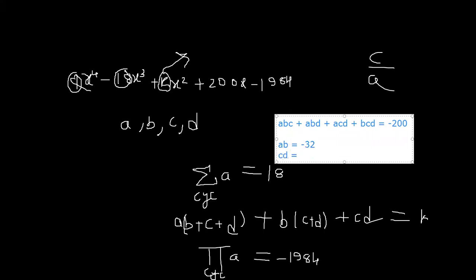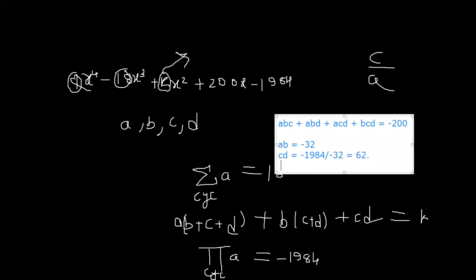That means cd is equal to minus 1984 divided by minus 32. How is it so? Because cd is nothing but abcd by ab, and ab is given as minus 32. So cd is minus 1984 by minus 32, and that is 62, I believe, right? 62.